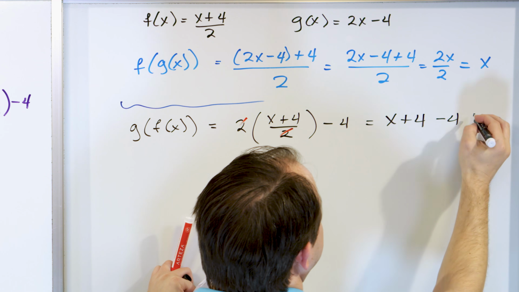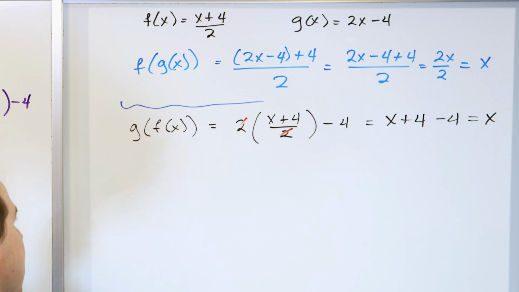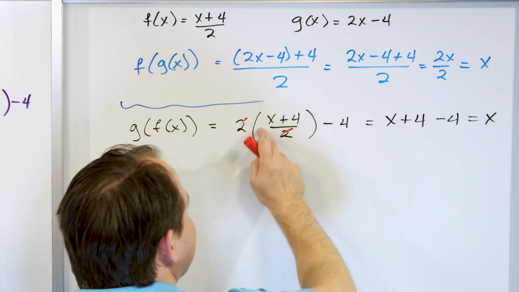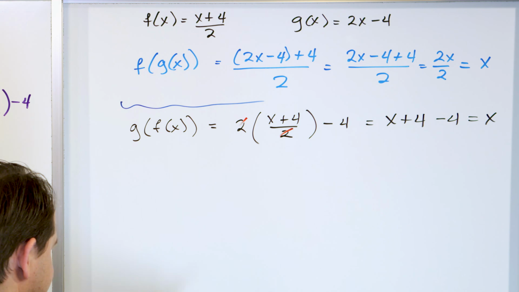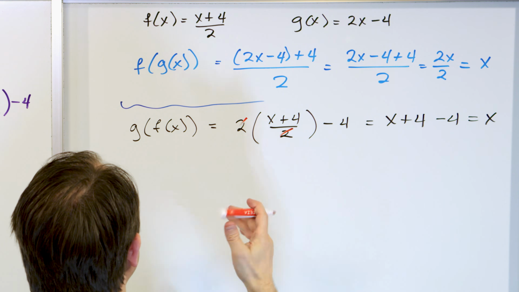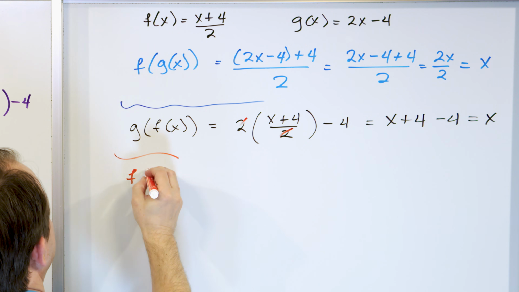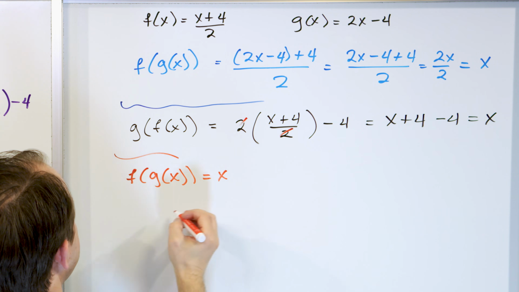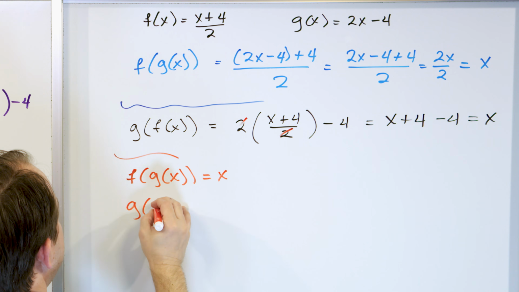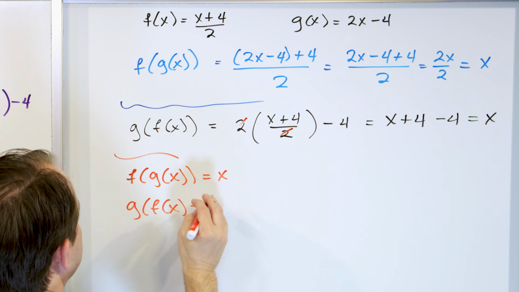And look here, this goes to 0, so you get an x out. So you stick an x in, you run it through both functions in reverse order from before, and we still get exactly the same thing. So what we have concluded is that f of g of x is equal to x, and g of f of x is equal to x.